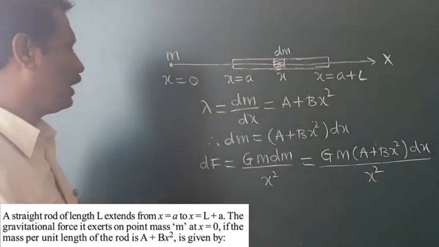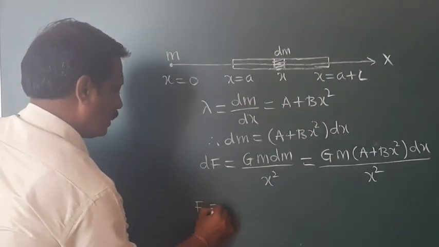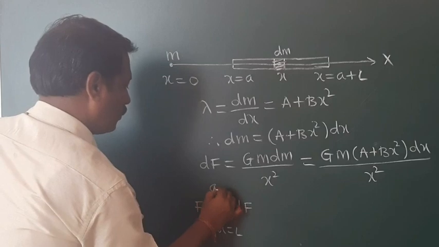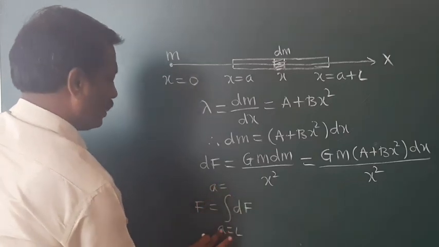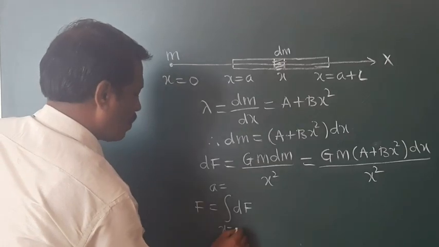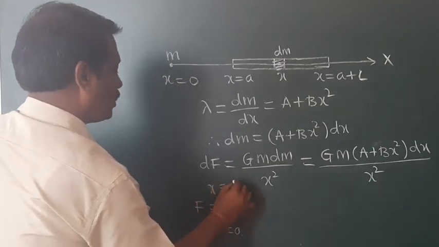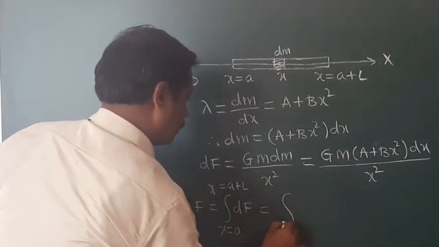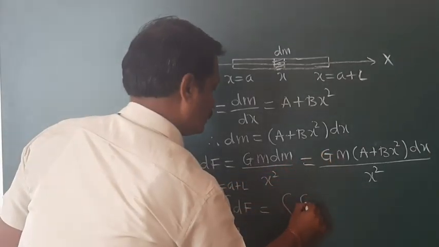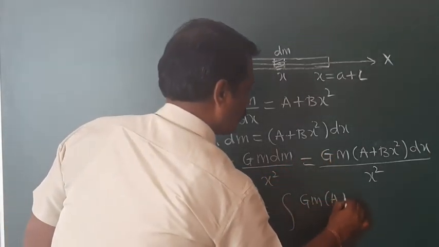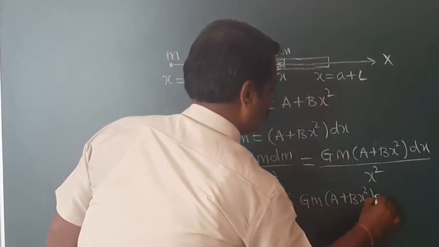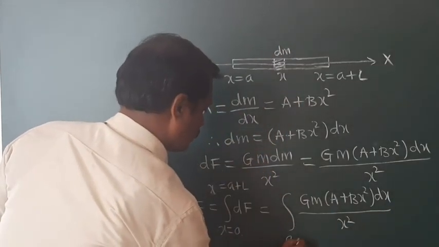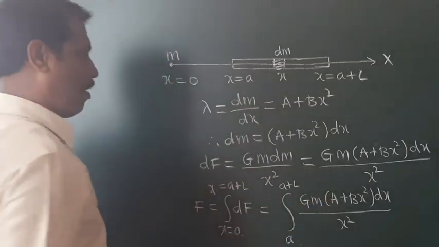Then the force exerted by the entire rod can be written as integration of df from x equal to a to x equal to a plus L. So that is equal to integration of g m a plus bx square dx divided by x square, where x is from a to a plus L.